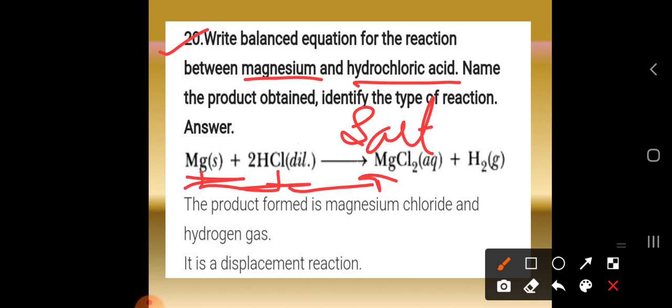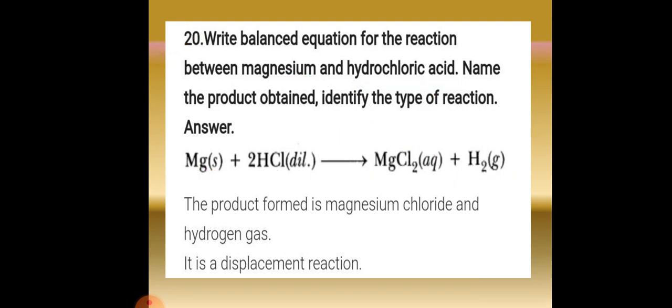So this Cl will make a bond formation with the Mg, and H2 gas is formed there. So when a metal reacts with acids, you get a salt plus hydrogen gas. This is also one type of displacement reaction itself, but always remember, when a metal reacts with an acid, it always gives a salt with hydrogen gas. Now let us take our next example.